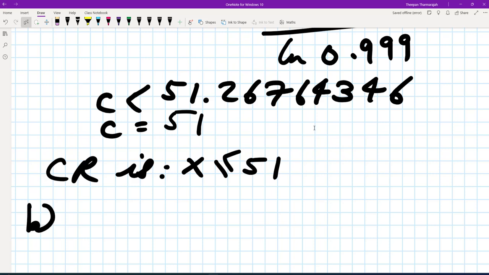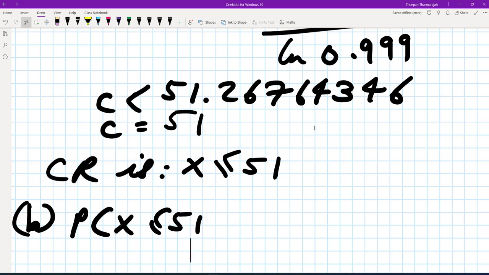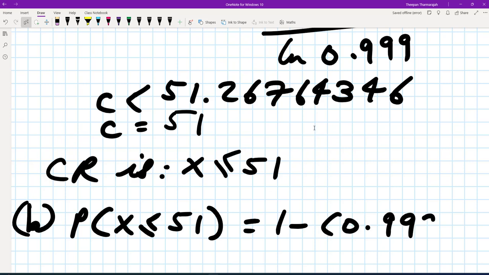To find the actual level of significance, it's the probability that X is less than or equal to 51. What I alluded to was a type 1 error, which is when you reject the null hypothesis when it's actually true. So we can say it's 1 minus 0.999 raised to the power 51. Let's use the true value and then round to 4 decimal places.